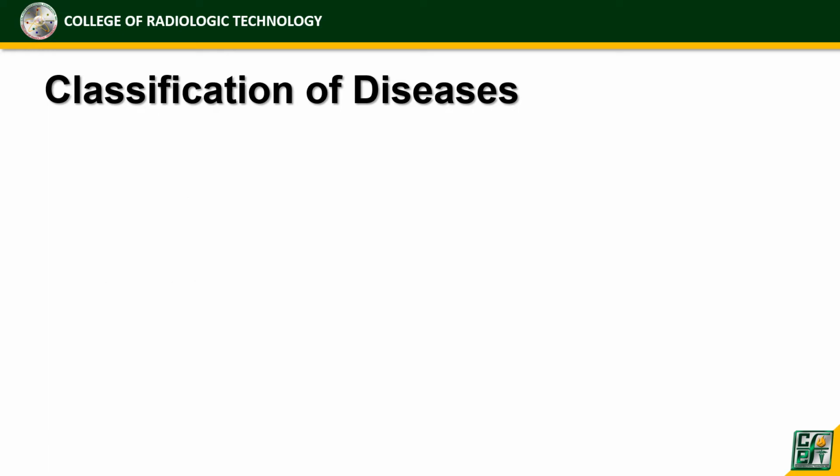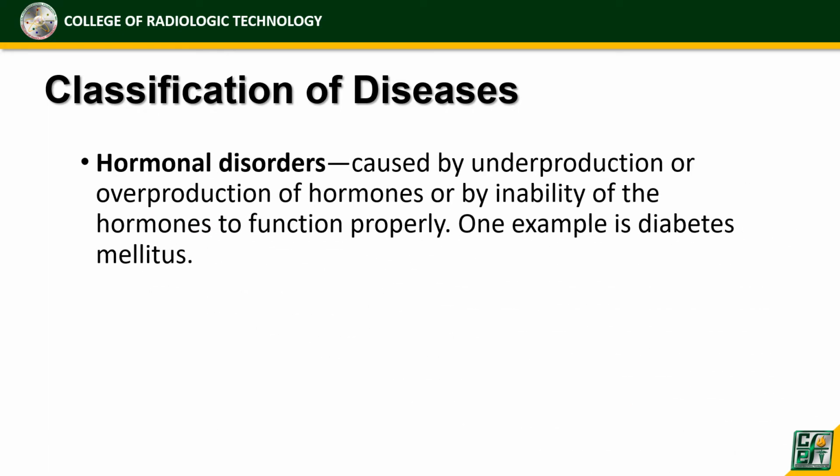Next, we have the hormonal disorders, caused by the underproduction or overproduction of hormones, or the inability of the hormones to function properly. One example of this is diabetes mellitus.